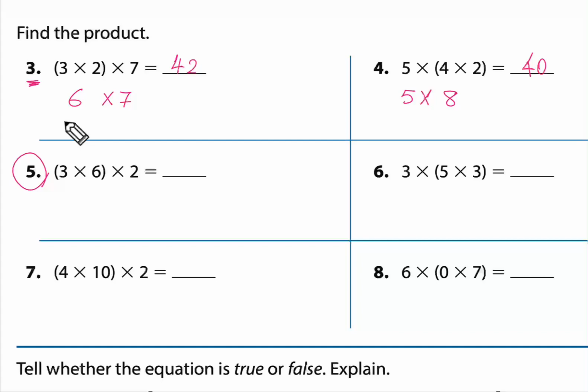What's your name? Good. What's your answer? And now your answer is wrong for question number 5. Please open your book. What did you do to get this answer? Nothing. I don't like this.